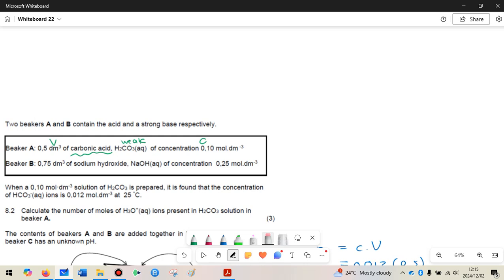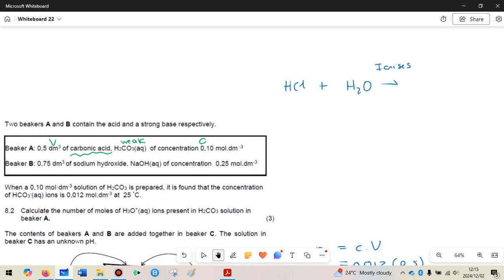It's important because strong acids and strong bases break up completely in water. So let's start with, let's say, HCl. HCl, and the proper word is ionizes, breaks up into ions, in other words, ionizes completely in water.